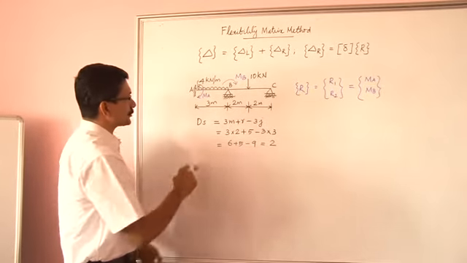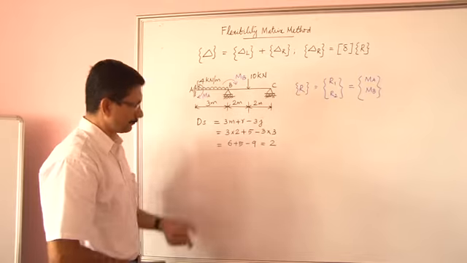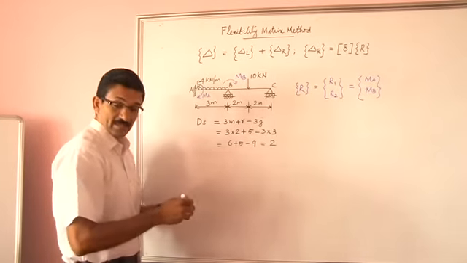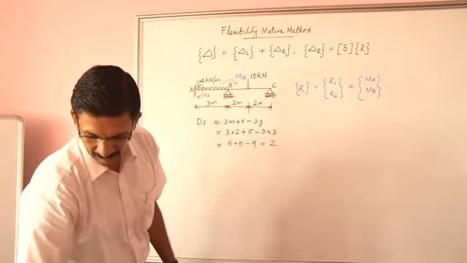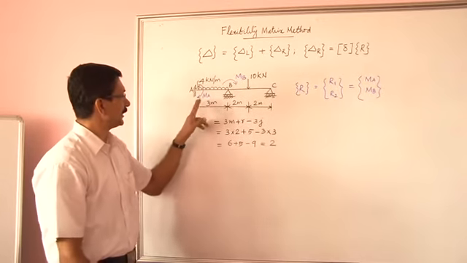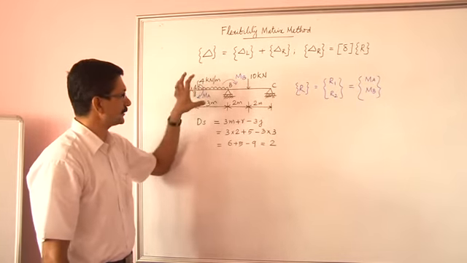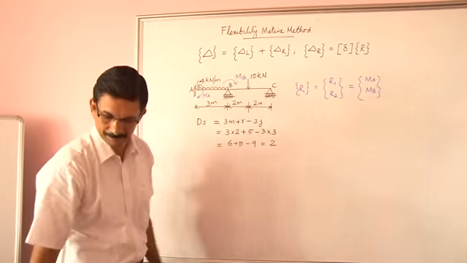Now, after choosing the unknown forces as MA and MB, we can draw a release structure, or a statically determinate structure. If you remove the moments MA and MB from the structure, this will become statically determinate.